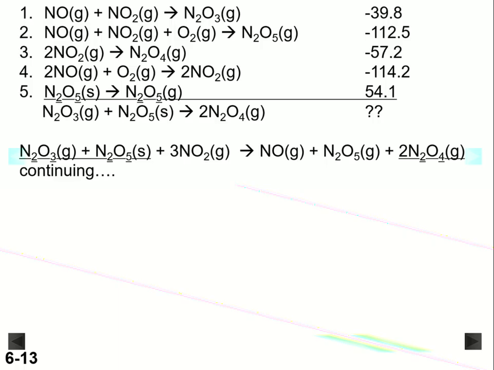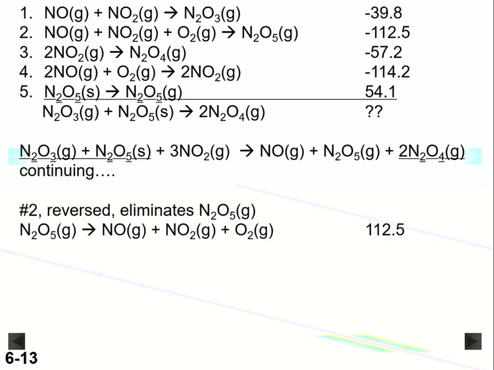N2O5 gas is a product in number 5. That's where we got that. But we need to find another place where it is, and that's reaction 2. And so in reaction 2, we can reverse that one, and if we reverse that one, we can eliminate that N2O5. So we reverse reaction 2, and so we just take plus 112.5 for the enthalpy for that process.